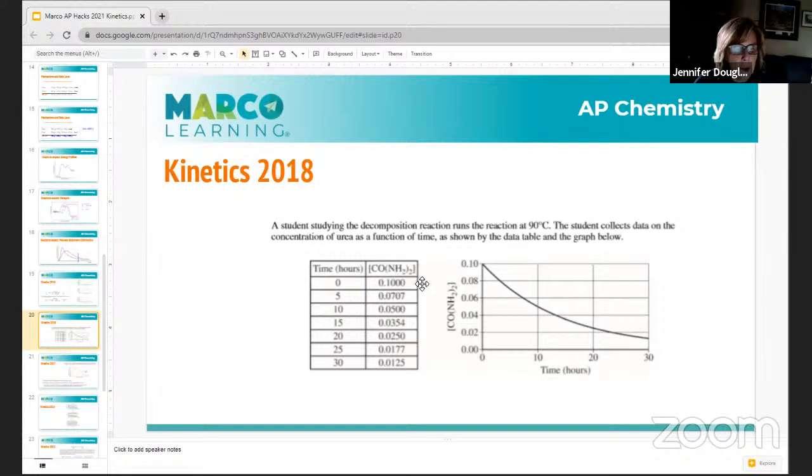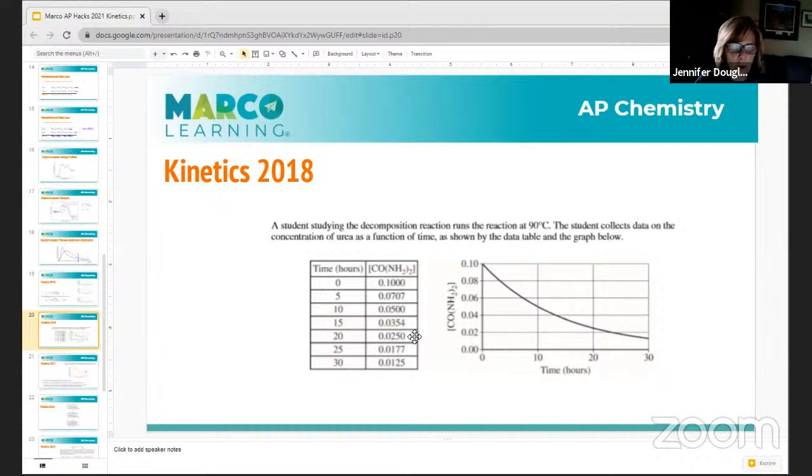Let's start with 0.1. Half of 0.1 is 0.05. That took 10 hours to get there. Then half of 0.05 is 0.025. It's taking the same half-life, 10 hours each time for half of my sample to disappear. It's a constant half-life. Therefore, this is first order. That's what you're going to be looking for.